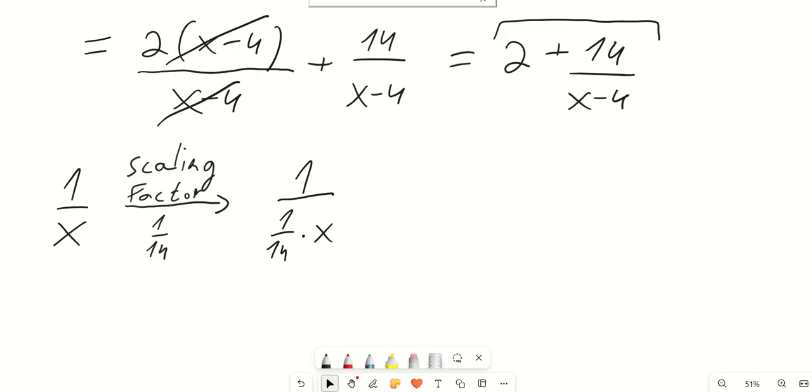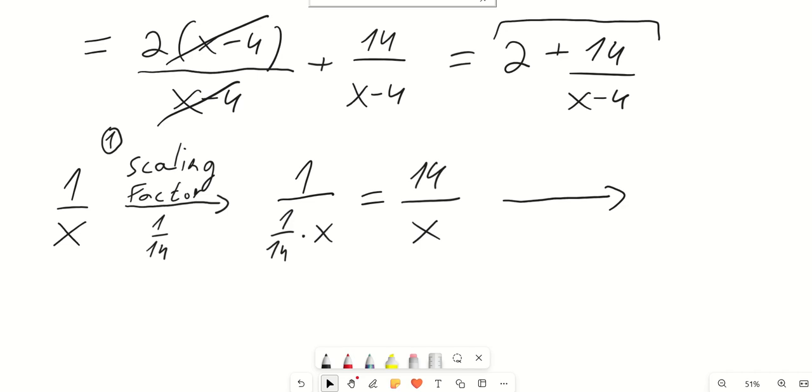So instead of writing x, I write down 1 over 14 times x. And this I can simplify a bit. The 14 will go to the denominator and x is left in the denominator. So now I'm moving on. I'm doing the second transformation. The first one was scaling.